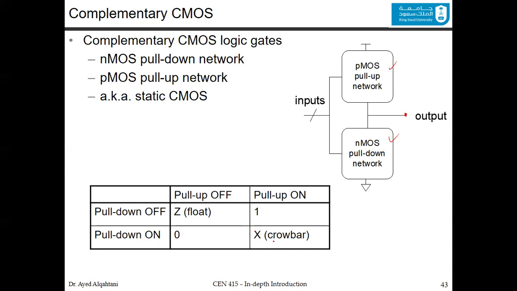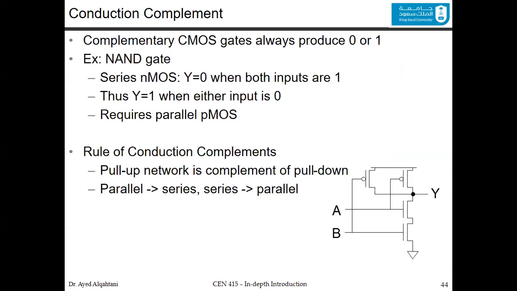We call it don't care or a crowbar. And by the way, this is very dangerous. If both of them are on at the same time for a longer period of time, it means that you are connecting the VDD to the ground, and this is basically a short circuit.